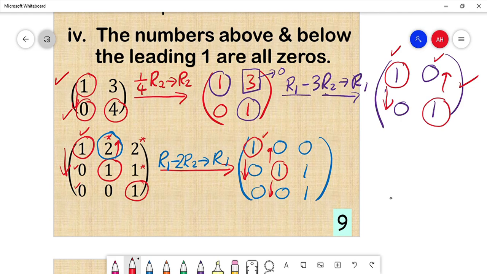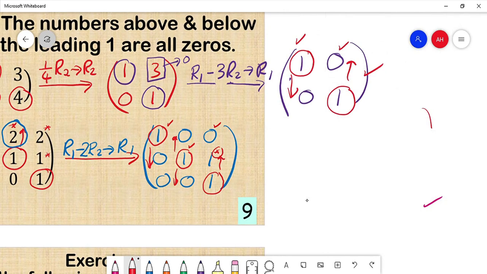But for the leading one in the third row, above it, this one is good, 0 already, but this one we have to do one more step to make it 0. Alright, so let's do that. We have to do row number 2 minus row number 3 and write down the answer in row number 2.